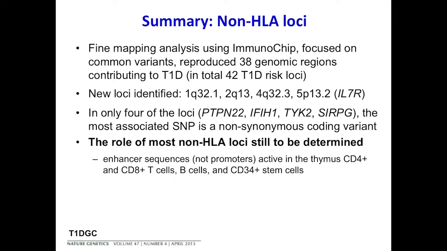Interestingly, only 4 of those loci listed here, including PTPN22, are only 4 of those loci where the most associated SNP is a non-synonymous coding variant. So many of those additional non-HLA loci are likely to be enhancer sequences, not promoters of the genes, and most of them, we think, are involved in immune function in T cells, B cells, and stem cells.